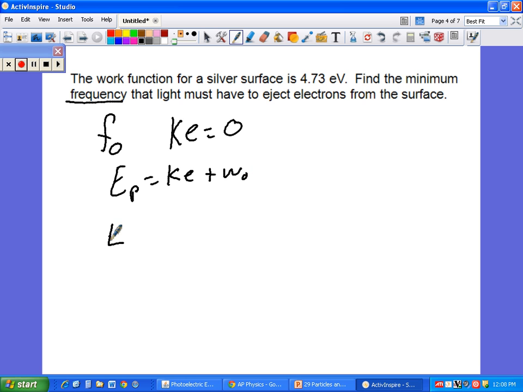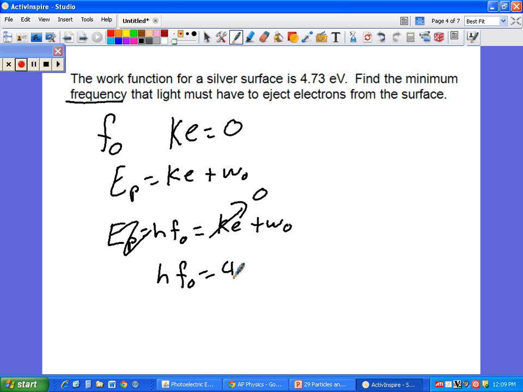So the energy of the photon, or hf, is equal to KE plus the work function. KE is 0. So h times f naught is equal to 4.73 electron volts.